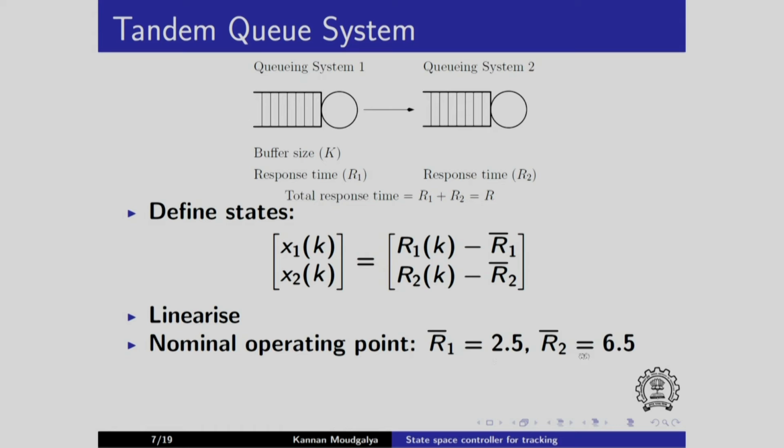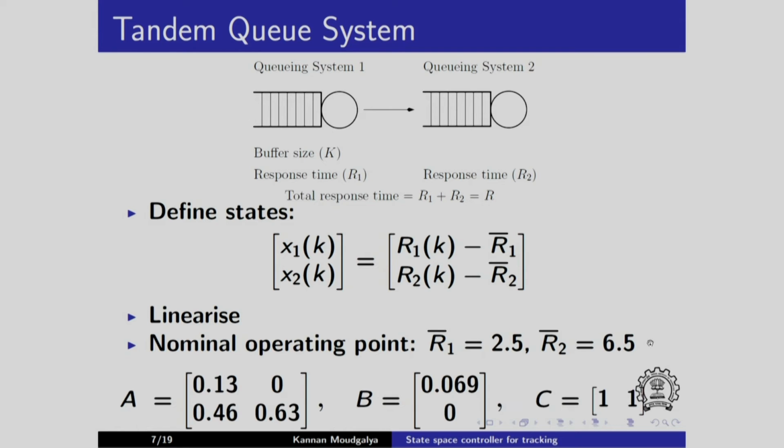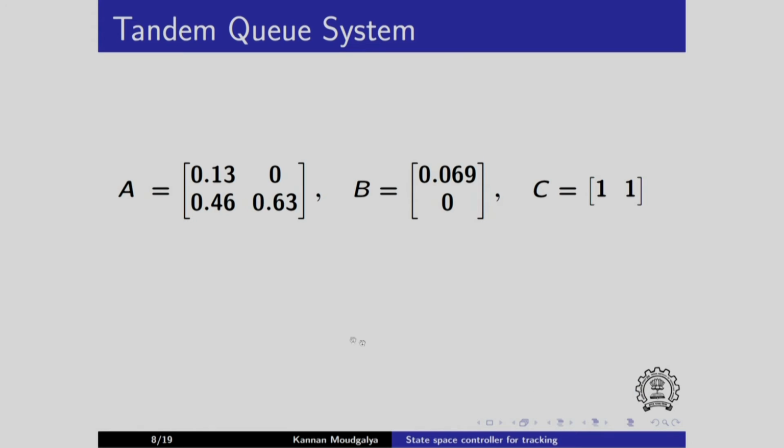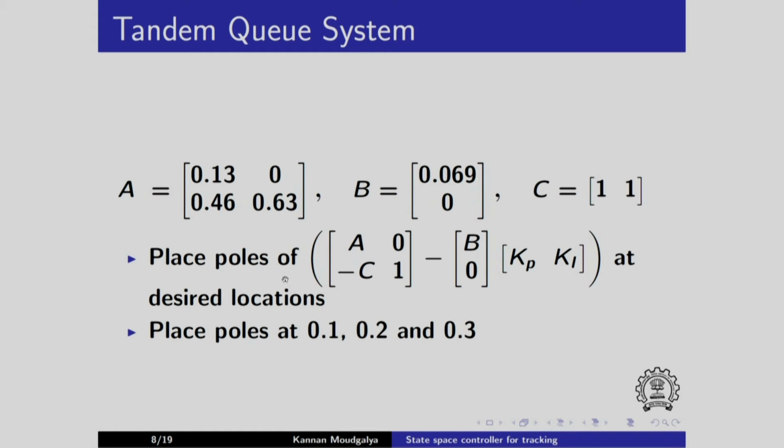R1 bar is 2.5, R2 bar is 6.5. Here is the model numerical example that we have introduced. This is the set of values given in the previous slide. Now we want to place the poles of this system at 0.1, 0.2 and 0.3.